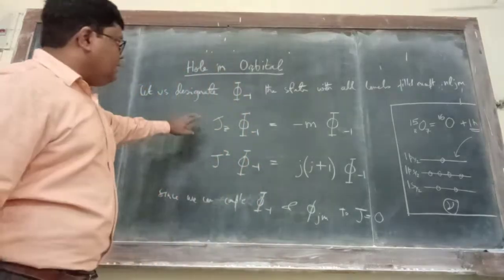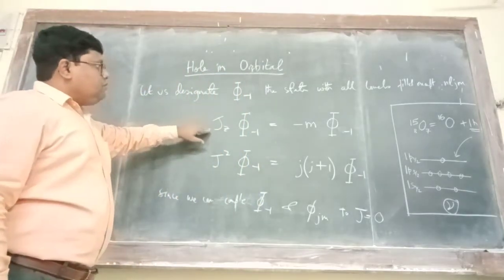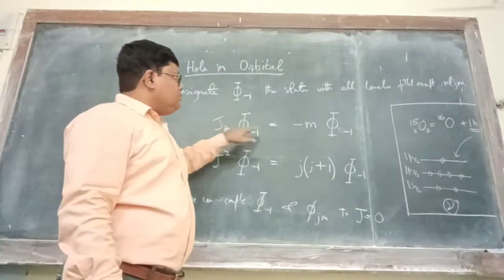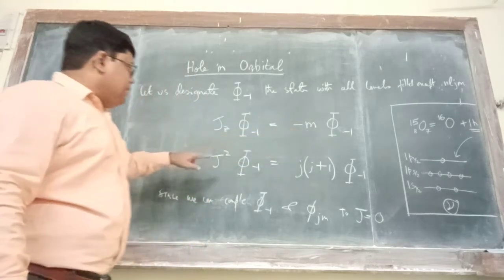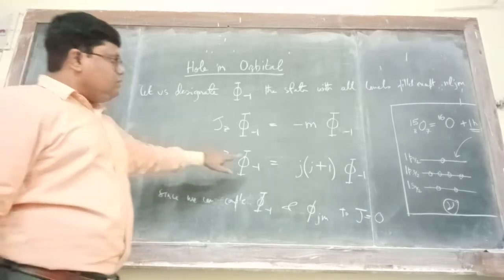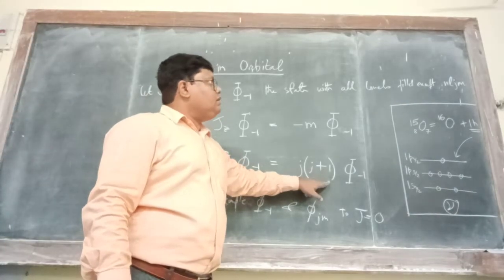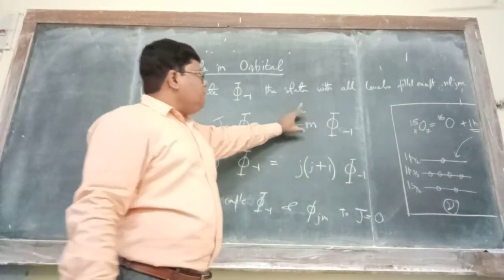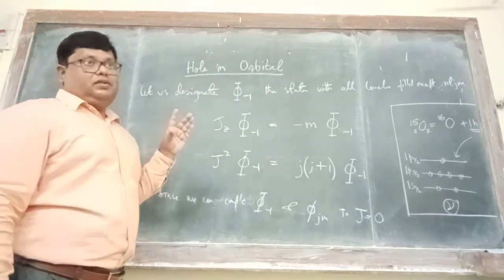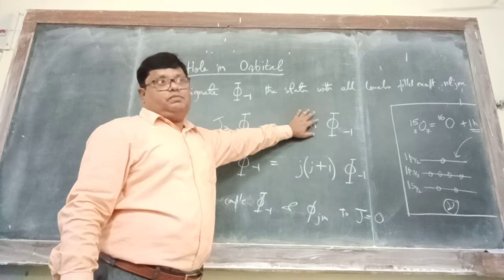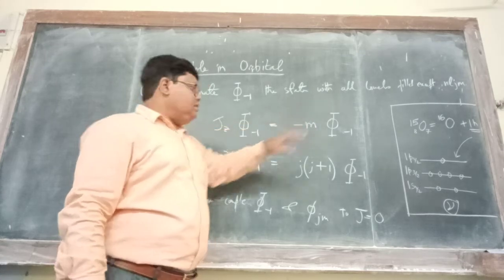In this case I can write the Jz operator acting on phi minus 1, and it will give me minus m, and J square will just give me j into j plus 1. Remember, the minus m is due to the fact that we have a hole. For a particle it will be plus m, for a hole minus m.